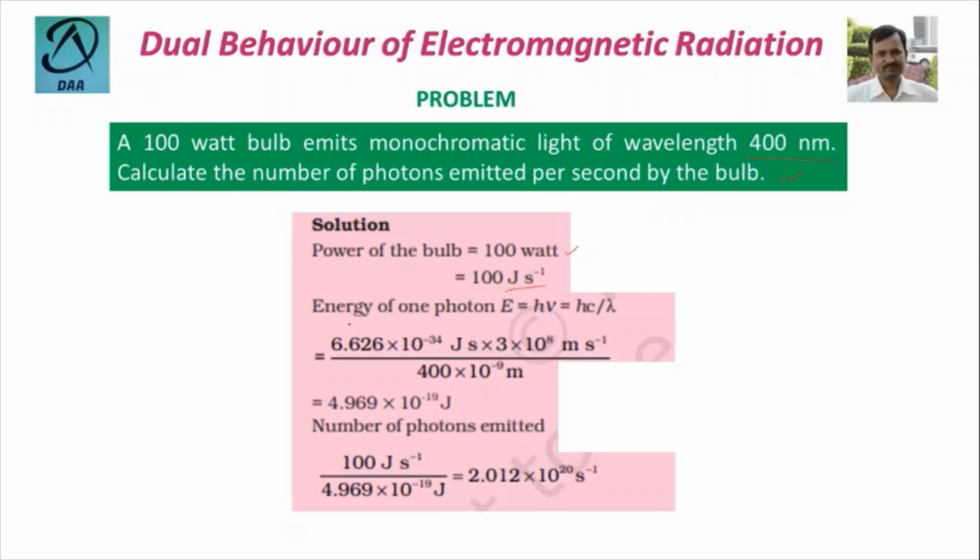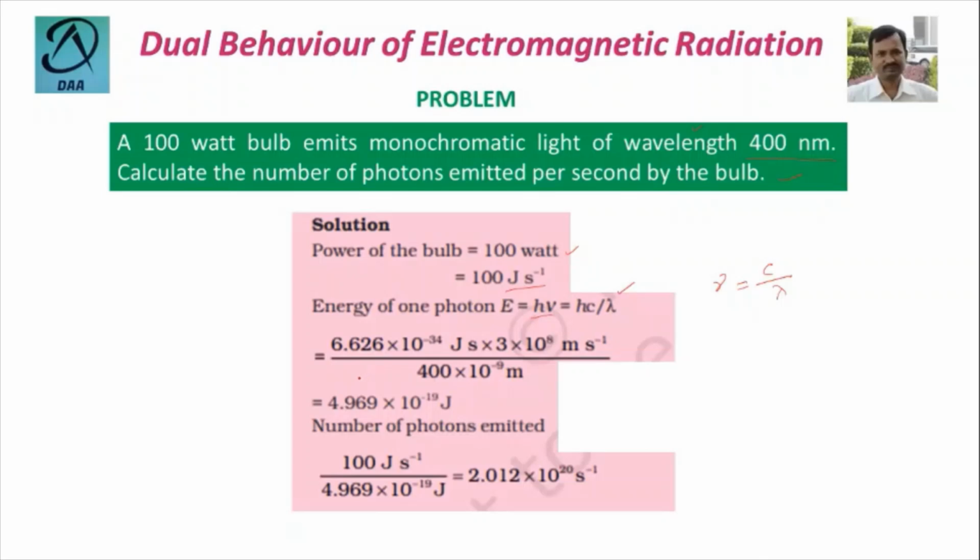And from the general equation, we know again the energy of one photon, E is equal to h nu, and nu is the frequency, which is the velocity of light divided by its wavelength. So E is ultimately hc by lambda. Why do we change this equation? Because in the problem the wavelength is given for the light.